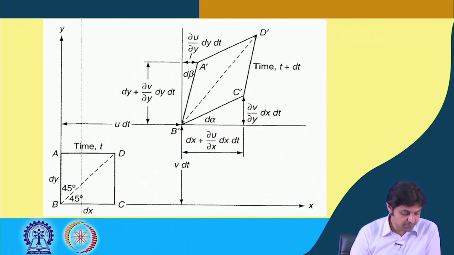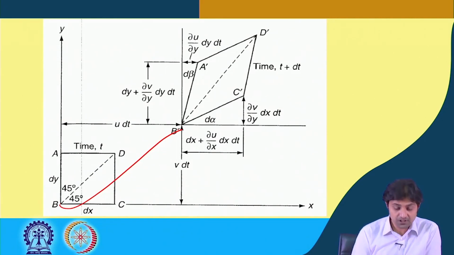So, now with reference to the above figure, we can observe the following transformations, I mean of transformation or deformation in the fluid element within the time interval of t plus dt. See, we can see that B has translated from B to B dash. Okay.